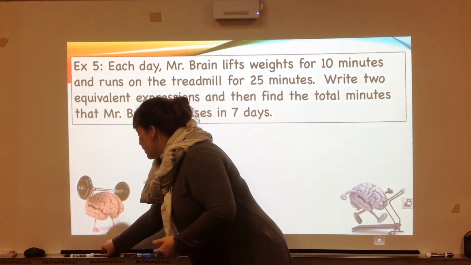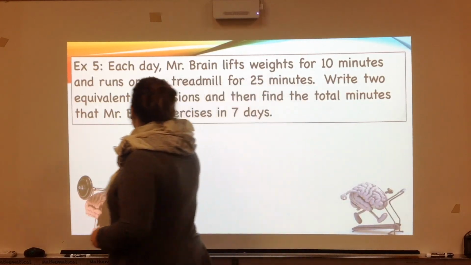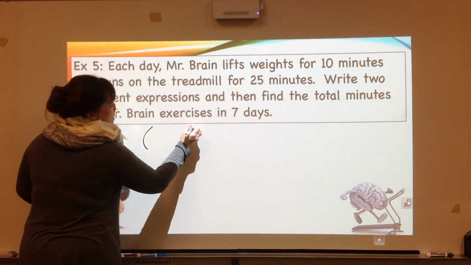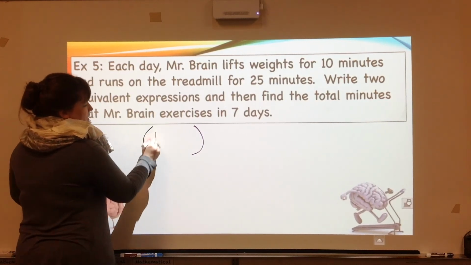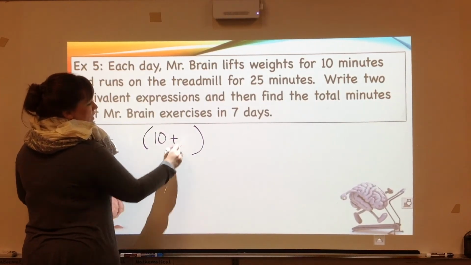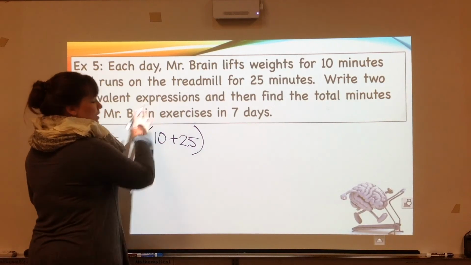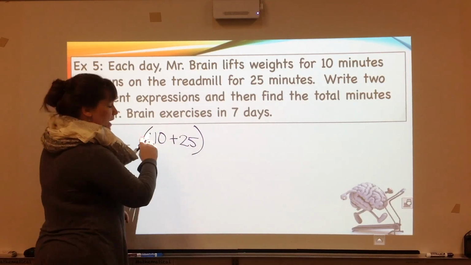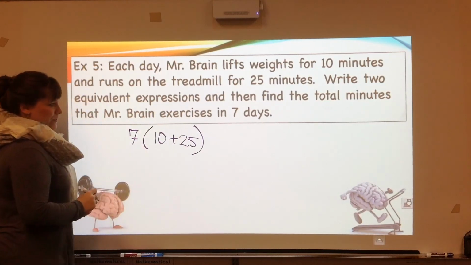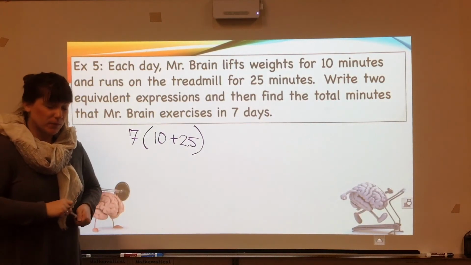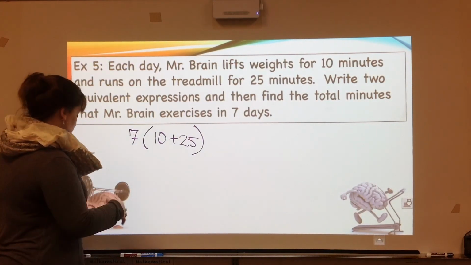So you see that this is part of the distributive property. The two things he's doing in one day is he's spending 10 minutes lifting weights and 25 minutes running. But this gets repeated or multiplied for all 7 days. So that is one expression. Write two expressions for the 7 days.